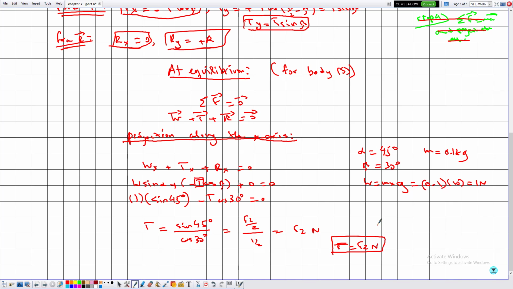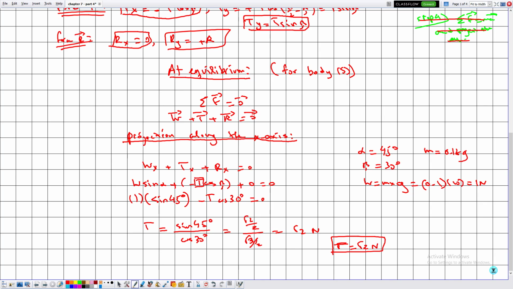And let me check this value on the calculator. Sorry, cosine, let me check. So sine 45 is equal to radical 2 over 2. Cosine 30 is radical 3 over 2 because it's the larger angle.